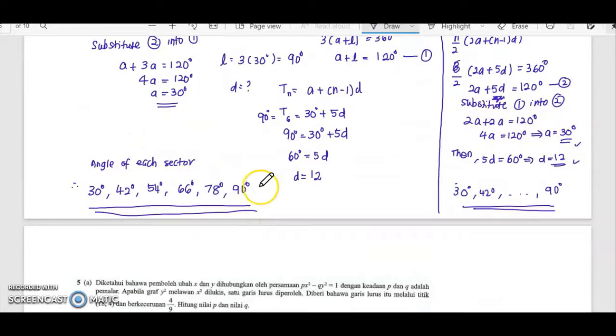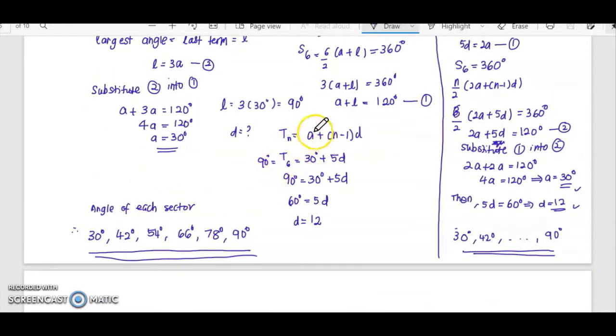Okay. So dapatkan value D, masukkan dalam formula Tn, term, number of term. So we put n as 6. We know that T6 is let's say 90 degree. Okay. So we equate this part and then we get the value for D is equal to 12. Okay.